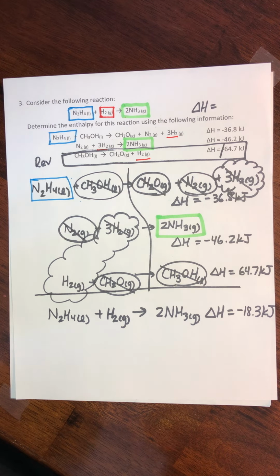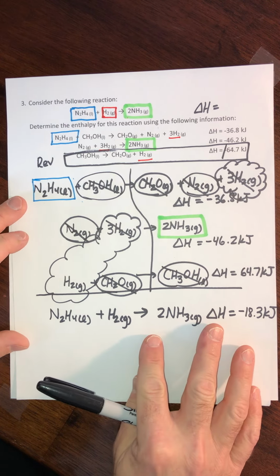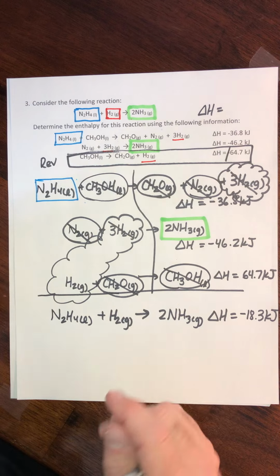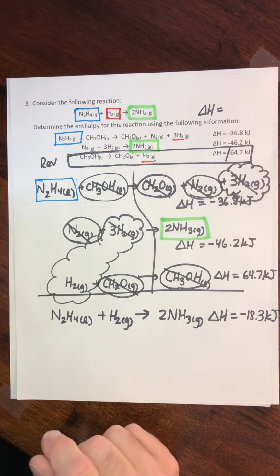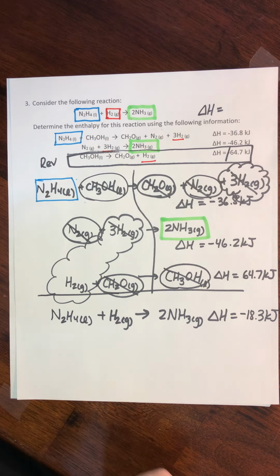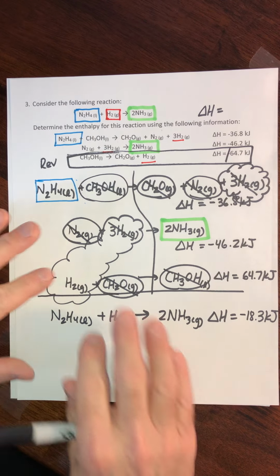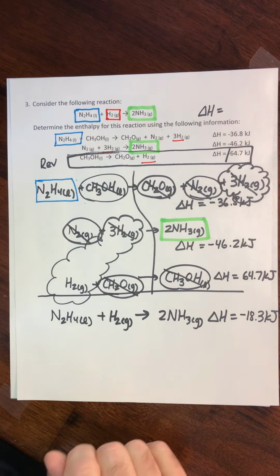If you're still having trouble with these and it's more of the simpler background questions, like I said at the beginning of the video, there are 2 Hess's law calculation videos, number 1 and number 2. Number 1 goes over the basics. This one, number 2, deals with a bit more of the harder problems.